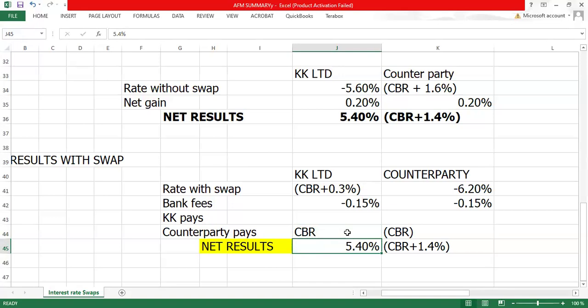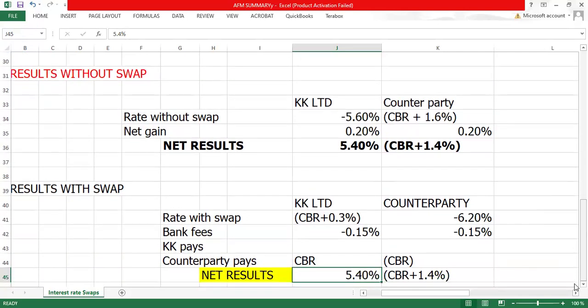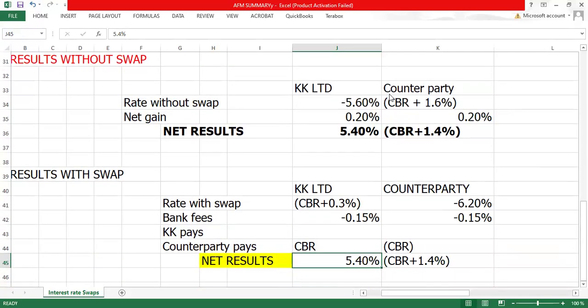Let me hope you have had my question: who is paying CBR in the net results without swap? It's the counterparty. So because the counterparty is paying CBR, the other party will receive that CBR.